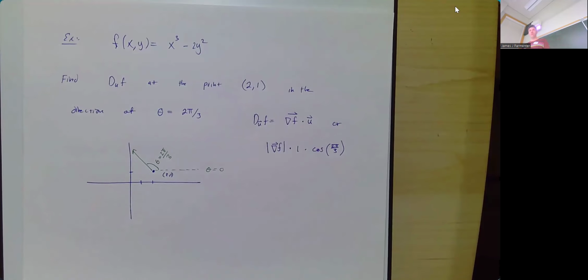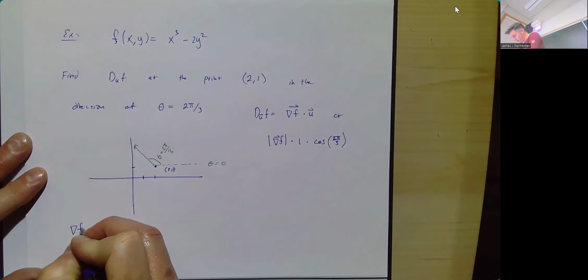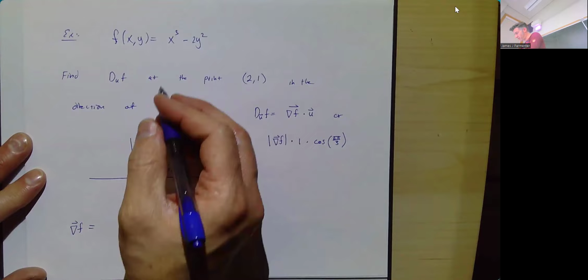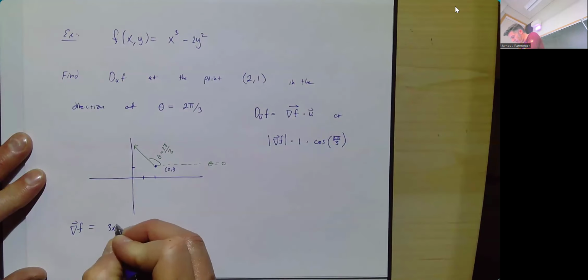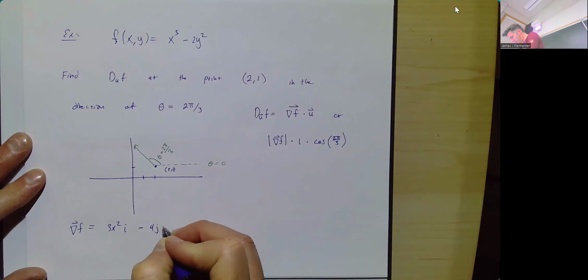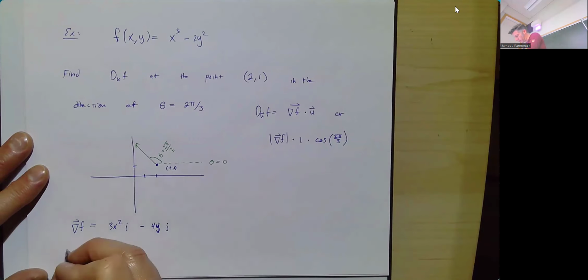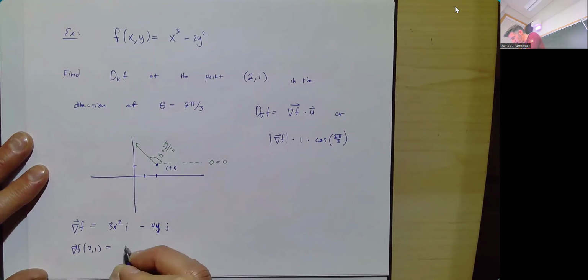So we still have to find the gradient. The gradient of f is going to be the vector 3x squared in the i direction minus 4y in the j direction. My y kind of looked like a j there, apologies. And then plugging in my point, my gradient at the point (2, 1) would be 3 times 2 squared, so 12i, 4 times 1 is 4, so minus 4j.